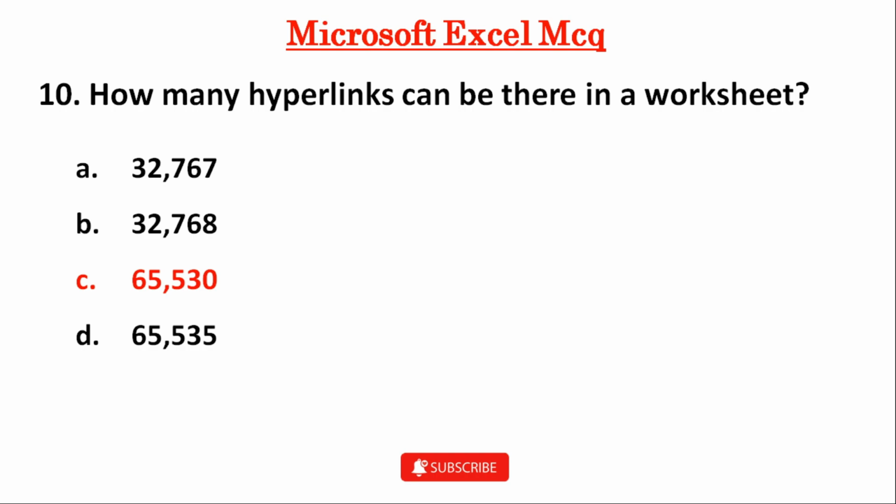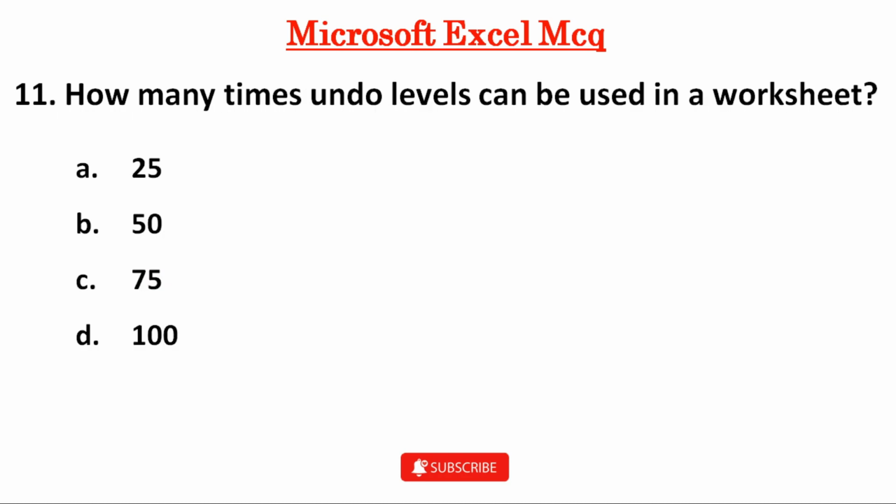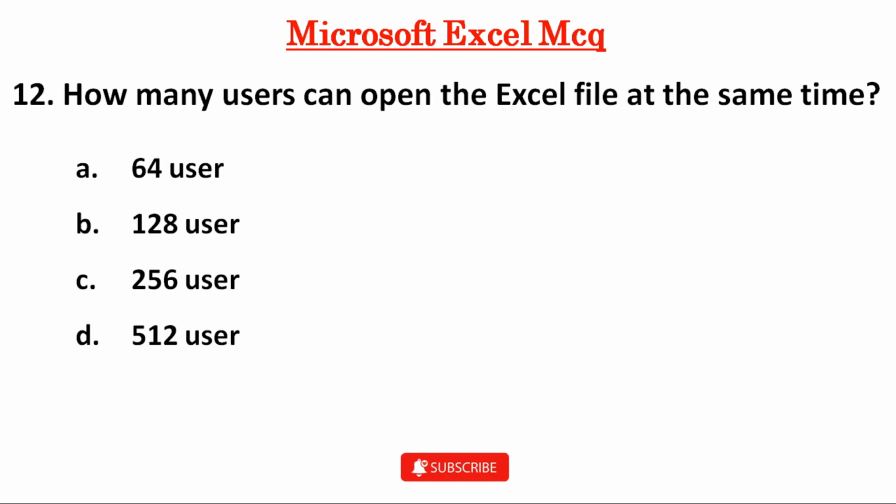Right answer is 65,530. Next, how many undo levels can be used in a worksheet? Right answer is 100. Next, how many users can open the Excel file at the same time? Right answer is 256 users.